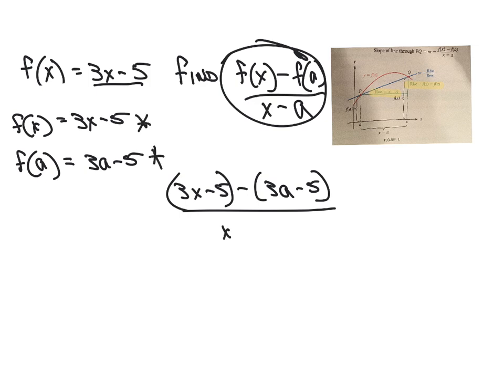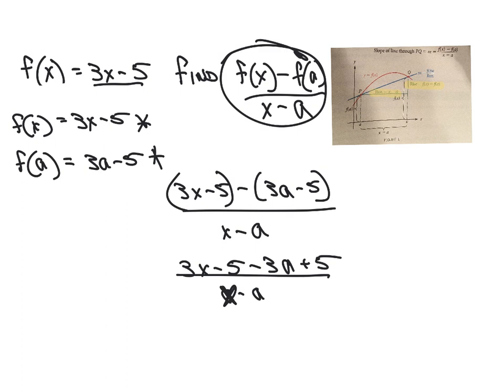And I'm going to put that over x minus a. All right, so let's go ahead and combine like terms or take off parentheses. Minus 3a plus 5, because taking this parenthesis off, I have to change that to a plus 5. And that's over x minus a. Whoops, that's not an x.